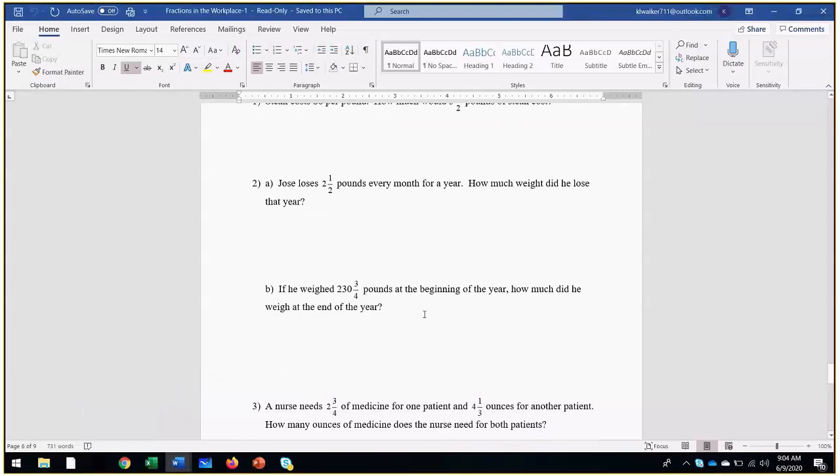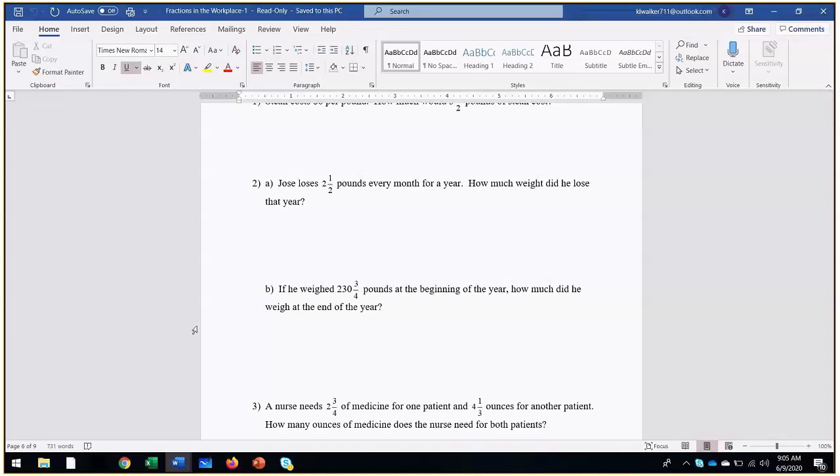Okay, let's look at number 2. Let's get 2 parts here. Okay, so Jose loses 2.5 pounds every month for a year. How much did he lose that year?